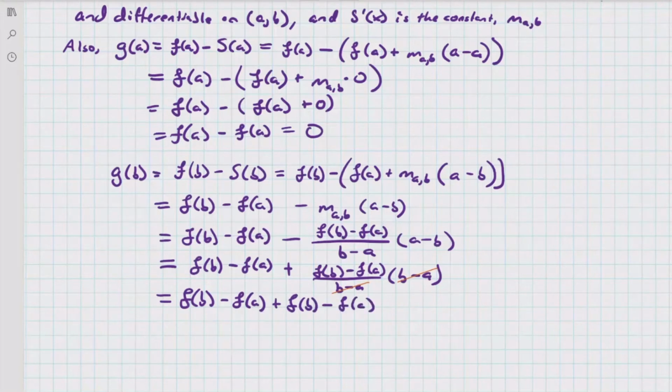Oh, that's convenient. So all those things cancel, and I wind up with 0. 1 to 5, how do we feel about that?